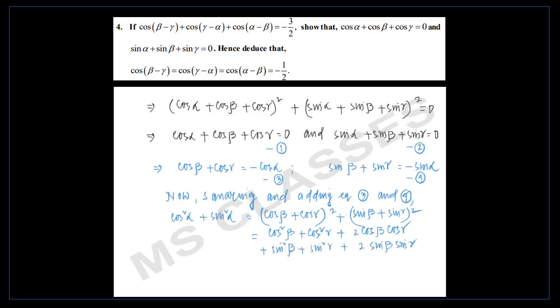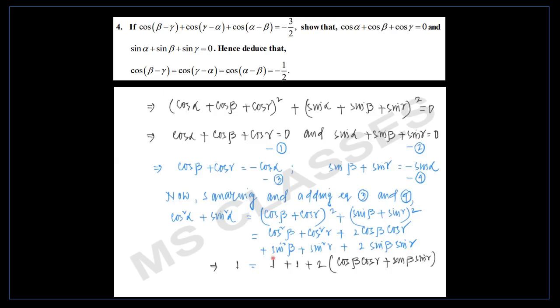Now, when we add this, what do we get? We get 1 here. This is also 1. So this is 1 plus 1 plus 2, if we take common, cos beta cos gamma plus sin beta sin gamma. So this will be 1 here, since sin square plus cos square is 1.